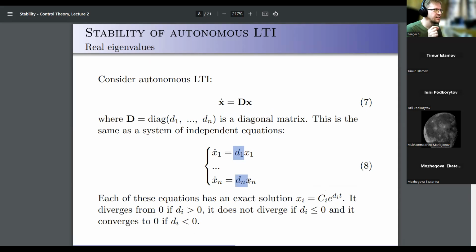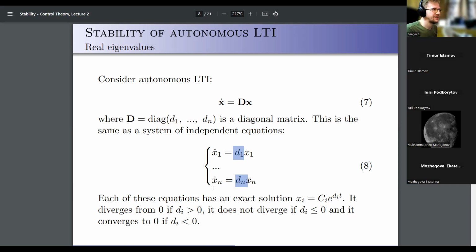If d is negative or 0, and at least some of those d's are equal to 0, we're not going to converge to 0. Some of the solutions will just not diverge. So the first case, where all d's are negative, is clearly asymptotically stable. The solution x equal to 0 is asymptotically stable.